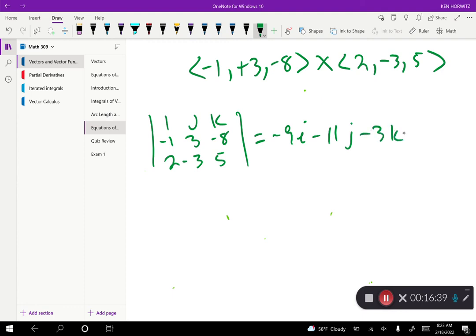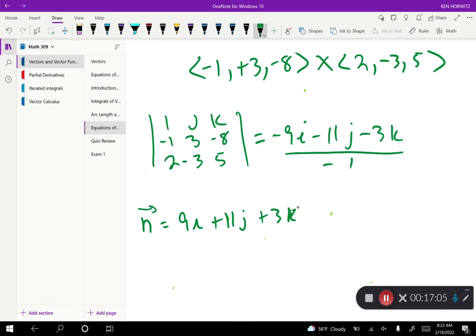And I'm not so keen on having a lot of negatives. So I'm going to divide everything by negative 1. So I'm going to say my normal vector is 9i plus 11j plus 3k.